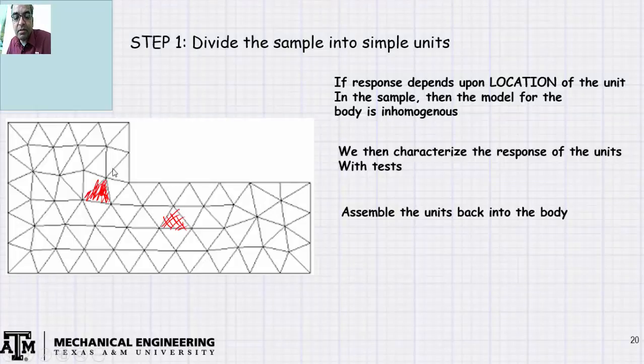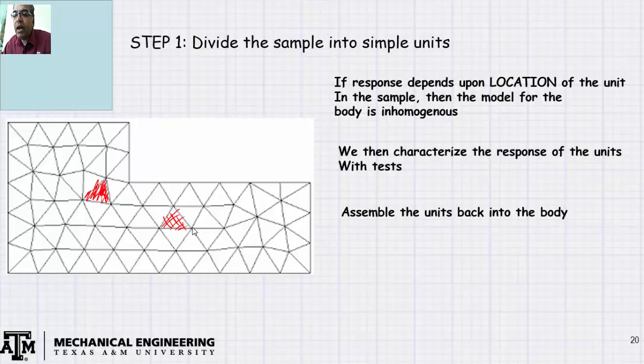By the way, this is at the level of your model for the body. What the body is, is a different thing, because by the time I say that there are pieces, I've already said it's some kind of a continuum, so that's already a model. So please remember, homogeneity and inhomogeneity are characteristics of the model of the body and not the body itself.